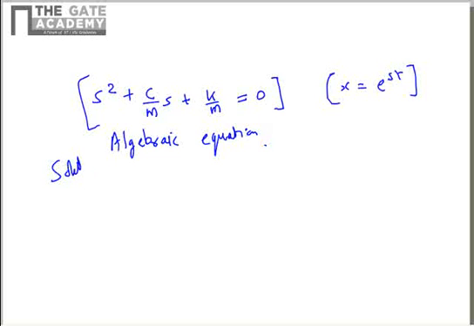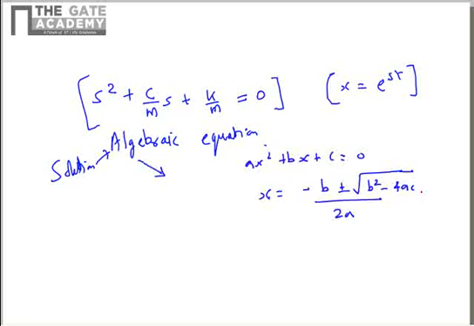So the solution of this algebraic equation will be s equal to, as for any general algebraic equation of a quadratic form, this one. As you can see, you may recall this from your math class notes.